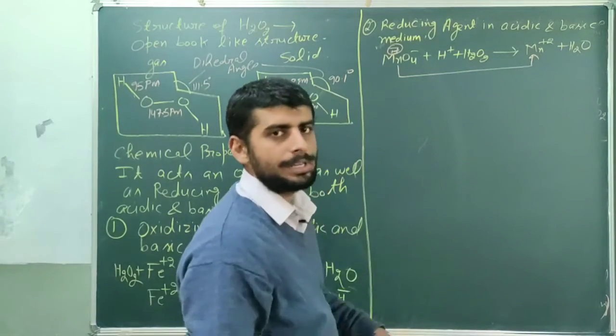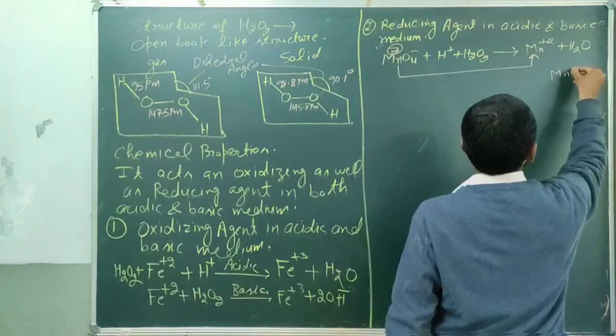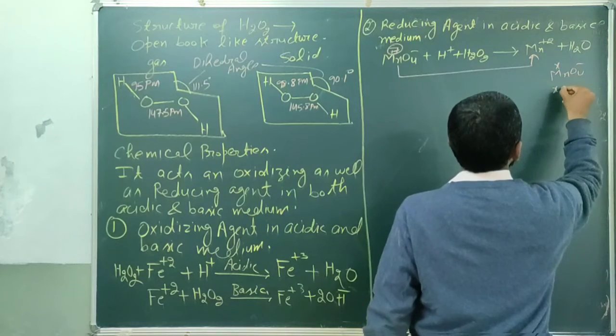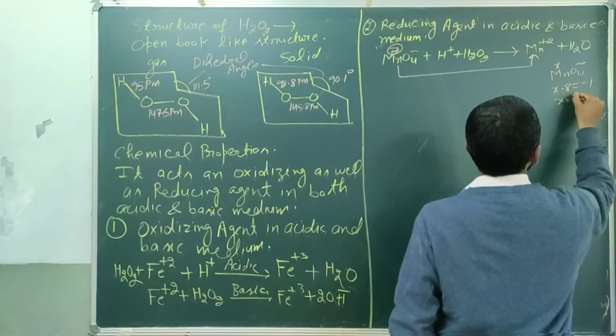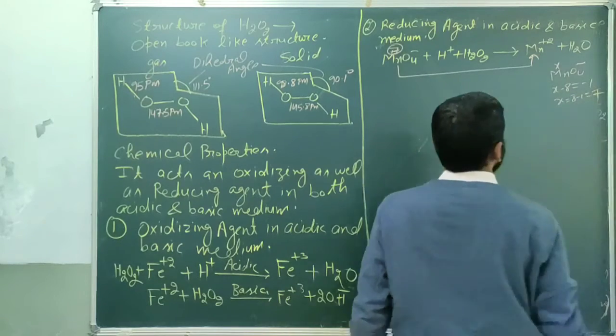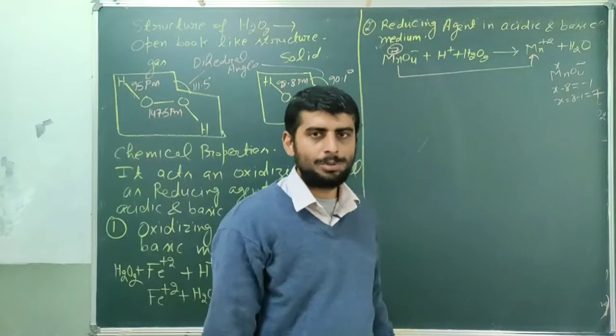Oxidation state you can calculate. How do you calculate it? MnO4-: x minus 8 is equal to minus 1 because of the overall charge. So x is equal to 8 minus 1, that is 7. So from 7 it is converted into 2.